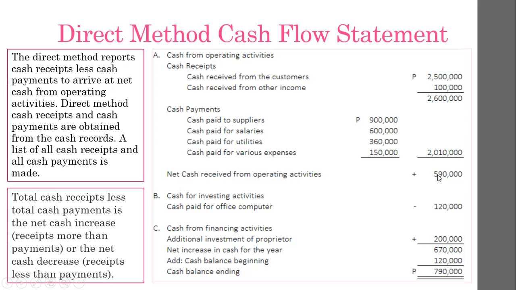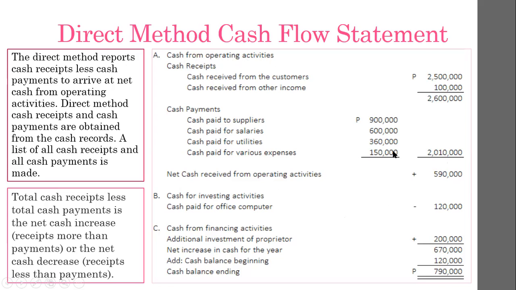Net cash increase. Kung mapapansin nyo po, yung part po ng cash flow statement, nandito yung operating activities na natakal natin kanina. Tatlong part po yan: operating activities, investing activities, then financing activities. Meron na tayo net cash increase na 590,000.